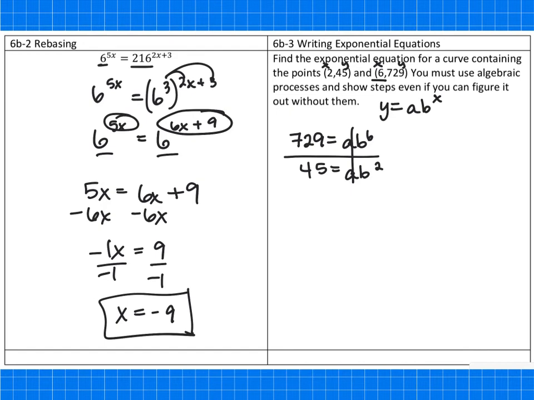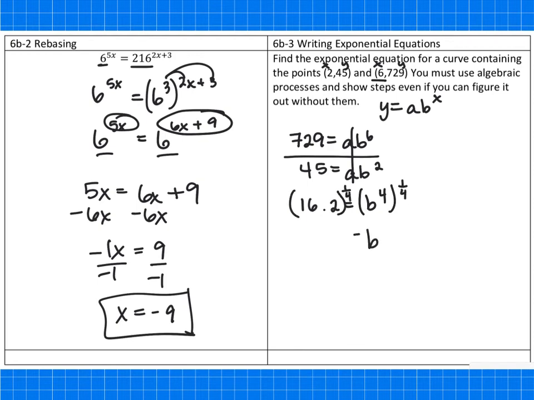So 729 divided by 45 is a number that I can't think of off the top of my head, so I'm getting my calculator out. 16.2. b to the 6th divided by b to the 2nd is b to the 4th. So I'm going to 4th root that, or put it to the power of 1/4.